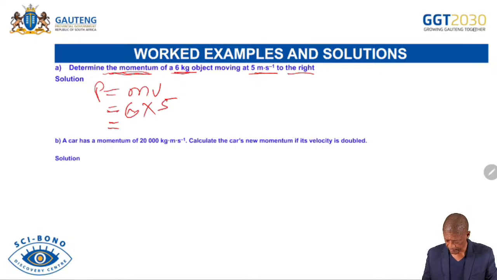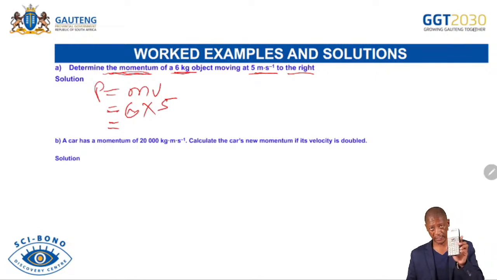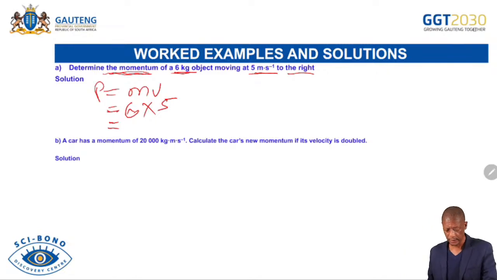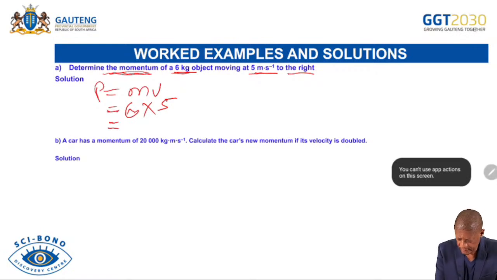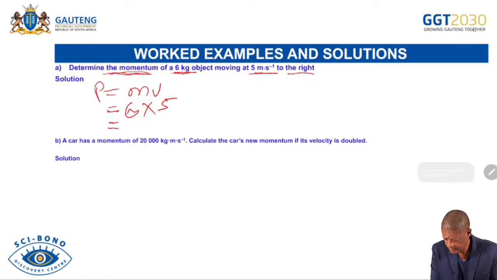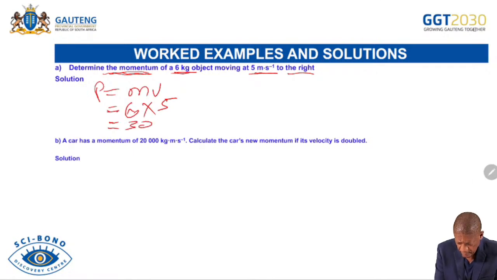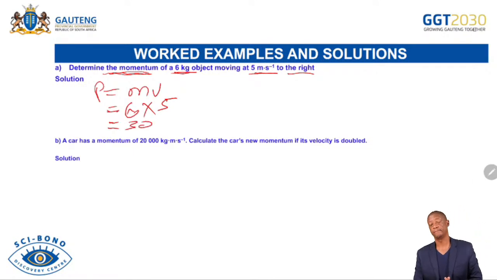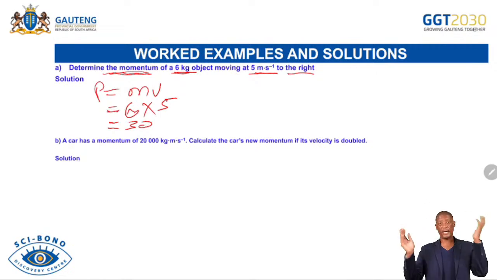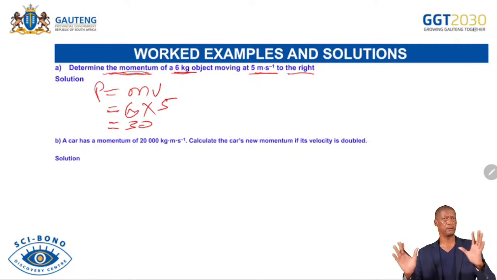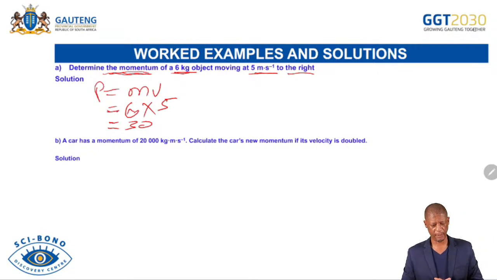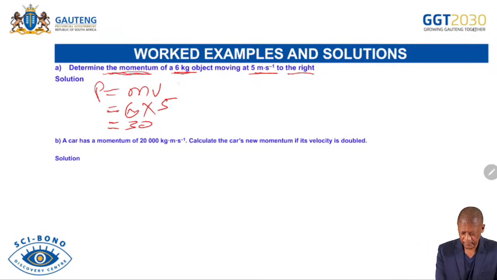All right. Now, in my calculator, it gives me 30. This is 30. Now, I have 30. I got the answer. Hooray! I'm correct. I have 1 mark there.